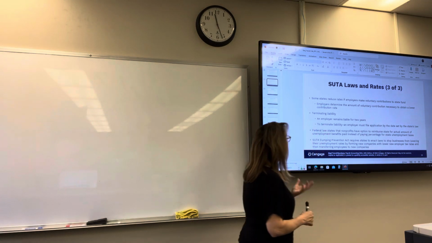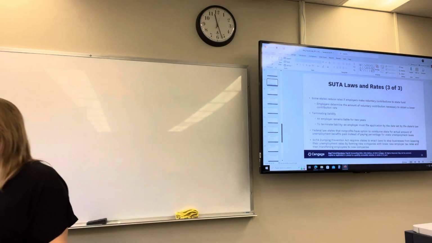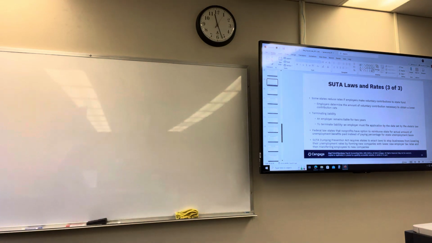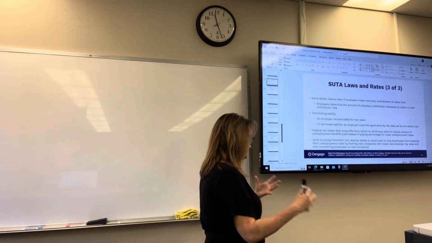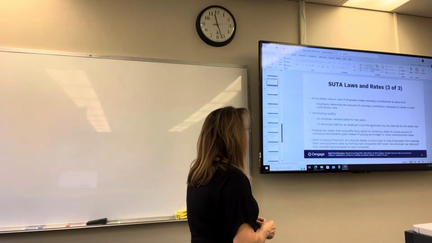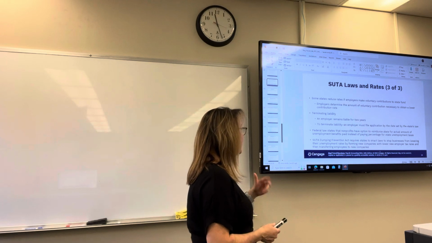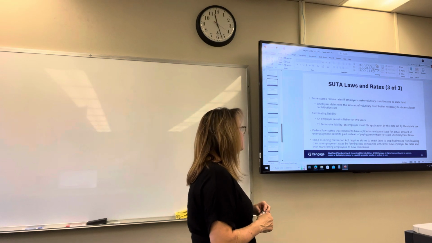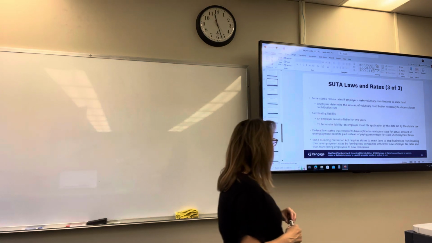So as far as employer liability, an employer will remain liable for up to 2 years. Even if they go out of business, the business itself would still remain liable for any future claims against it. An employer has to file an application with the state in order to terminate their liability.